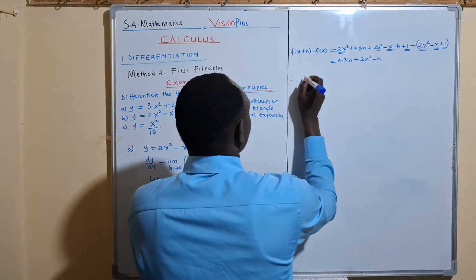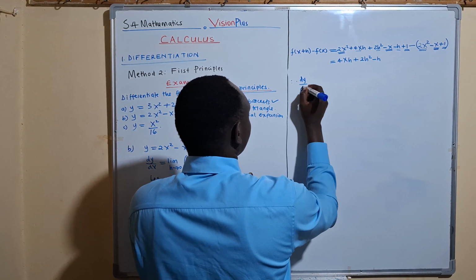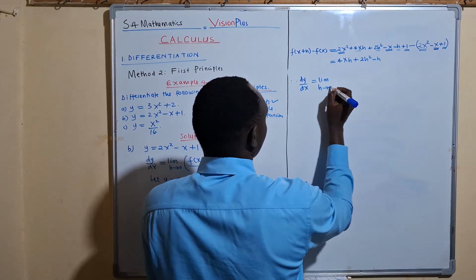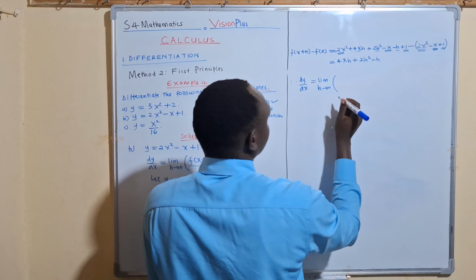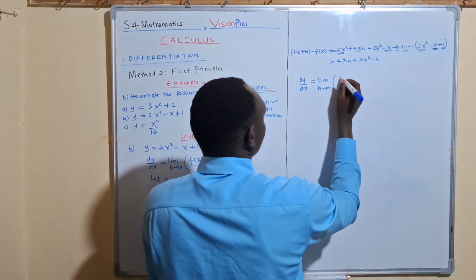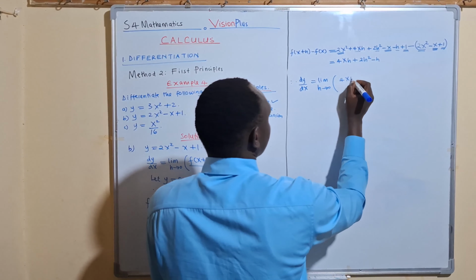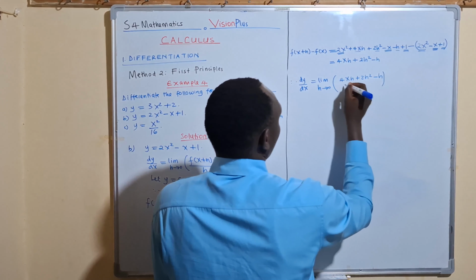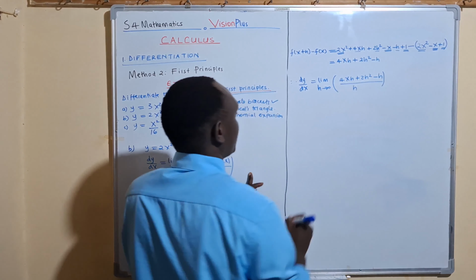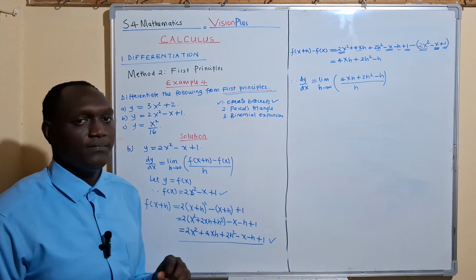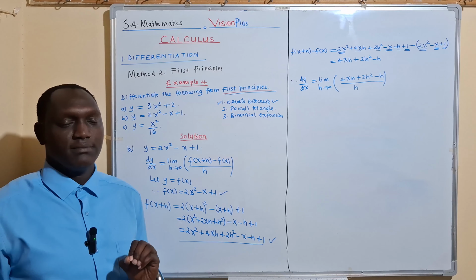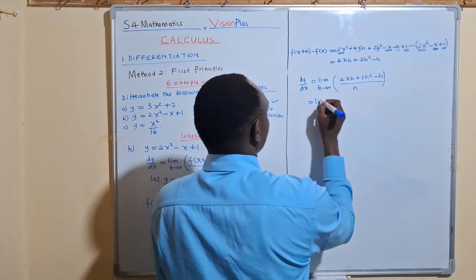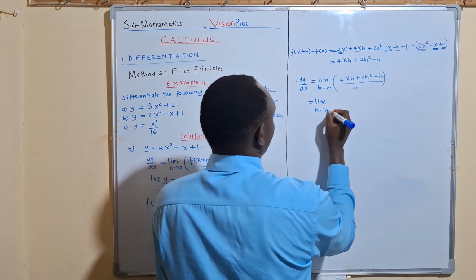So therefore, we say dy/dx equals the limit as h tends to 0 of, this is the difference of the two functions, 4xh plus 2h squared minus h, over h in the formula. What do we do here? Let us divide all the terms by h, such that we shall have the limit as h tends to 0.